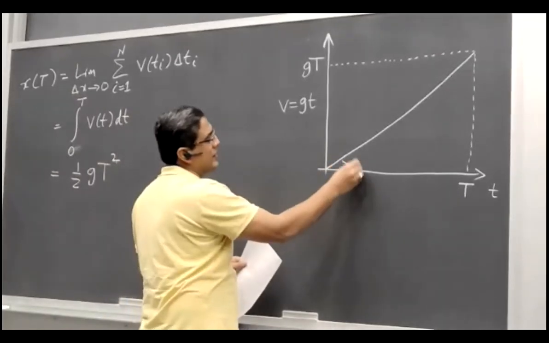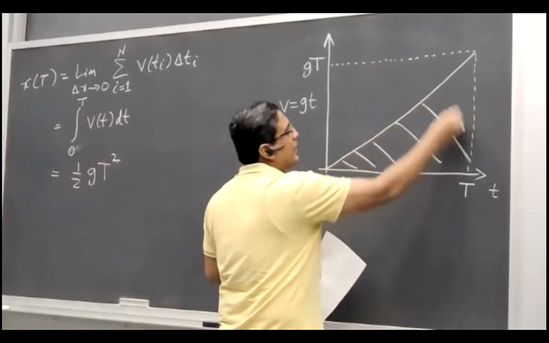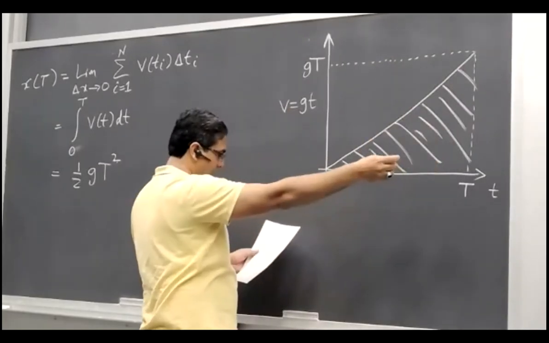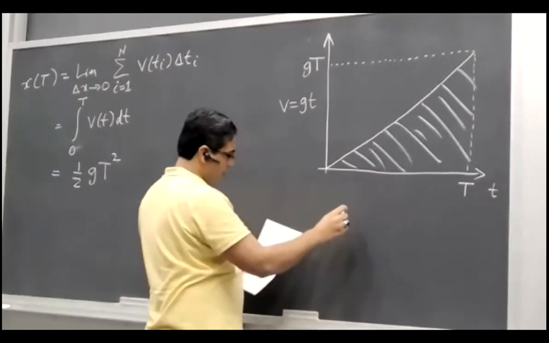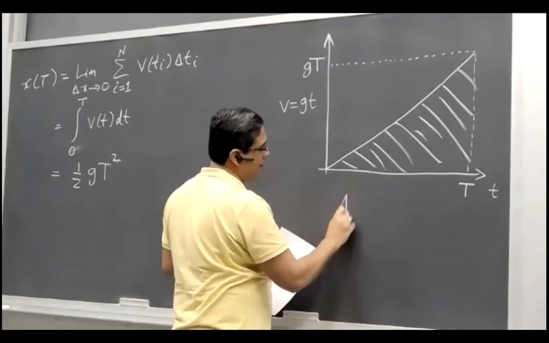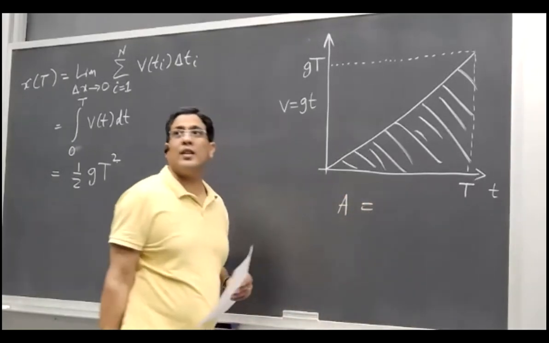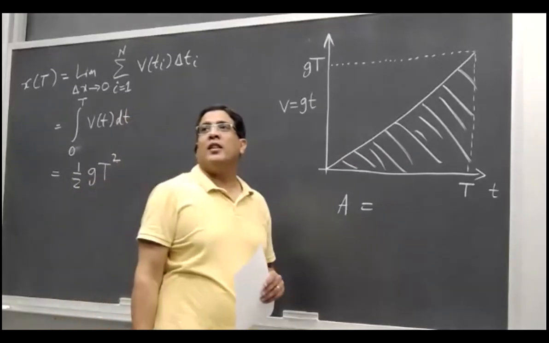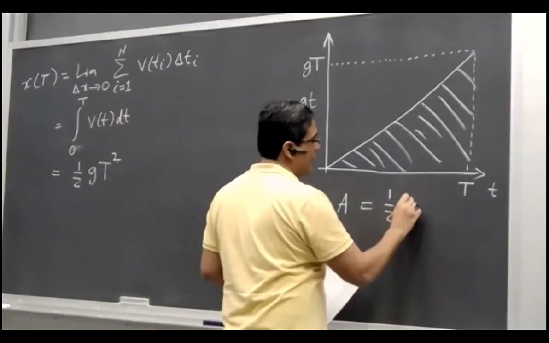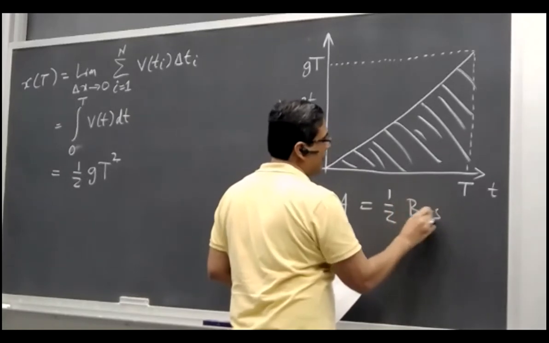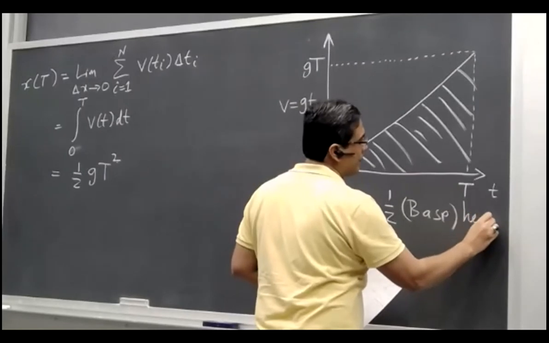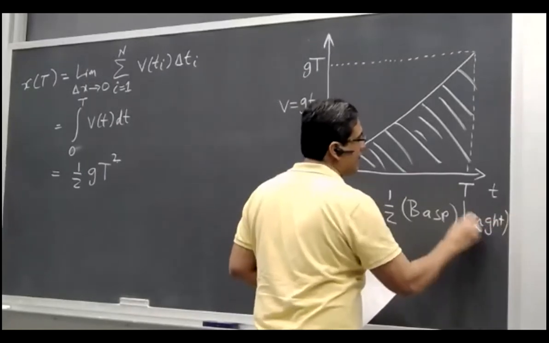If you look at this, this area is a right angle triangle, and you can just calculate it directly from here. What is the formula for the area of a right triangle? Half base into height. Yes, half of the base into height.